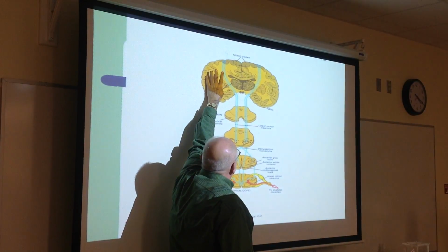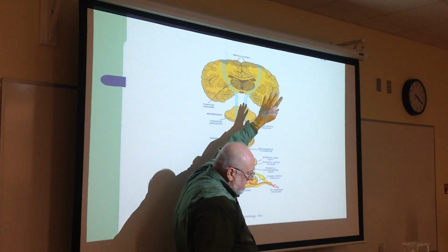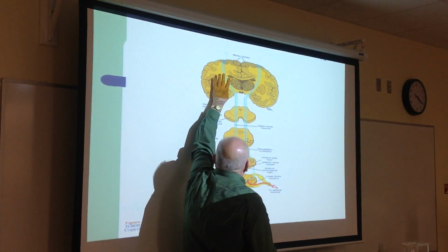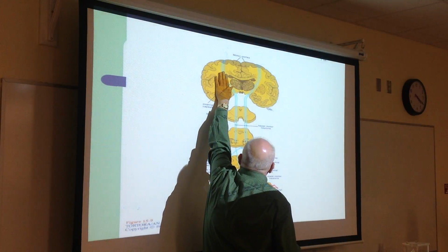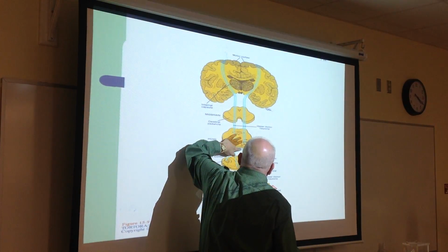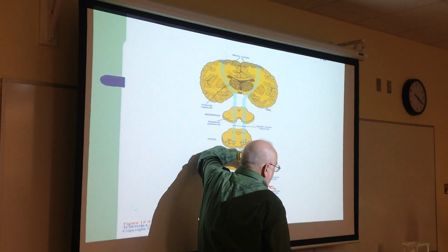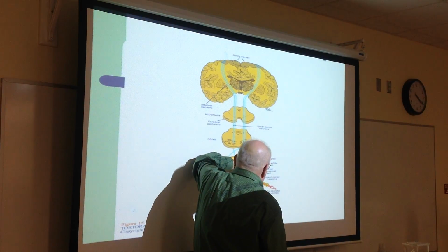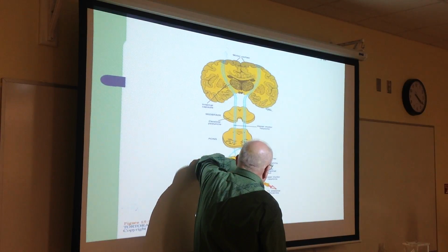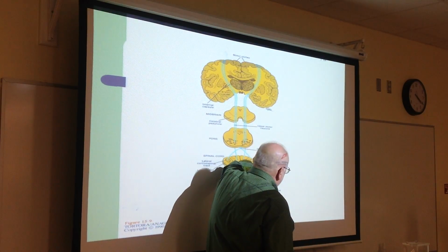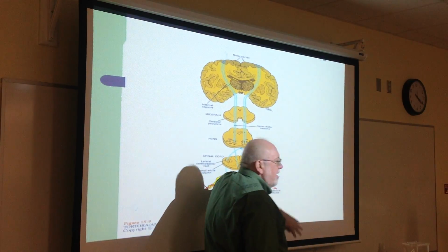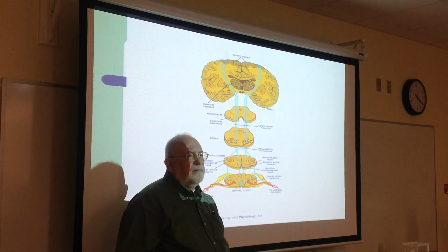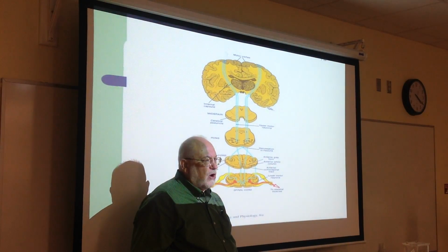Now, this was the lateral corticospinal. So it starts up here somewhere, it comes down to the medulla and crosses, goes down the lateral columns, enters the gray matter on the anterior side where it synapses with the second neuron, and the axon of that passes out through the ventral root of the nerve.